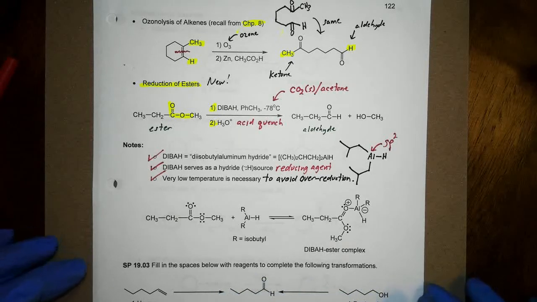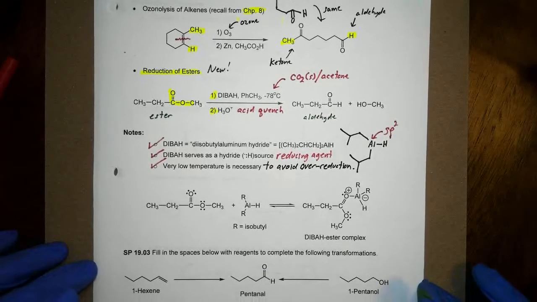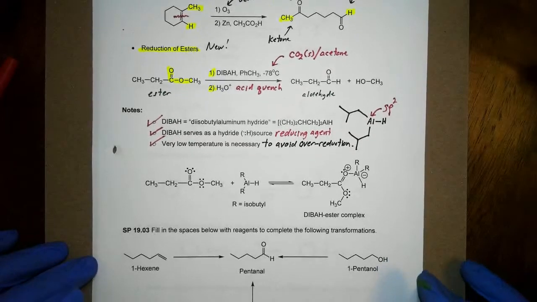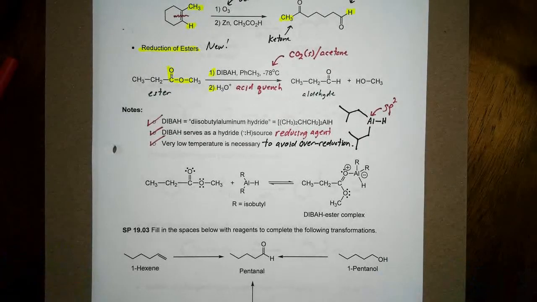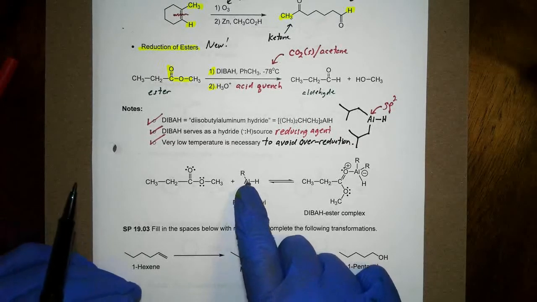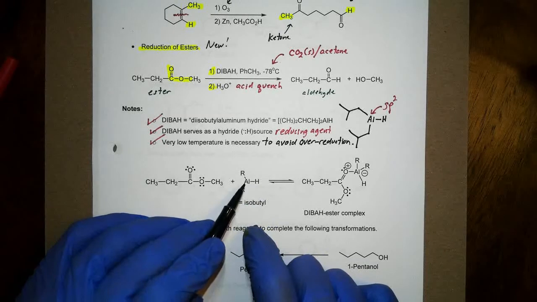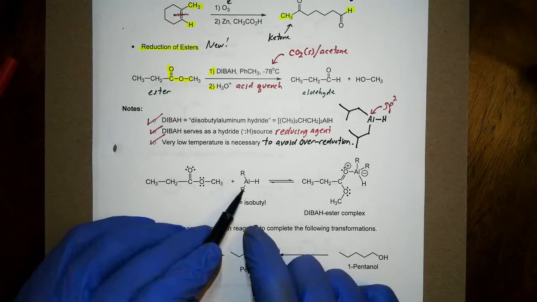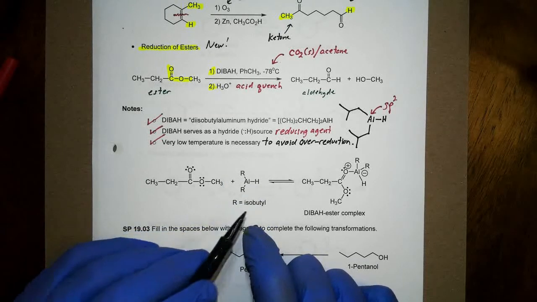Now, in the next row, what I'm showing you here is how this system actually functions. Okay, let's talk about that for a little bit. What I have here is a representation of the DIBA, where I've used the letter R for the isobutyl group.